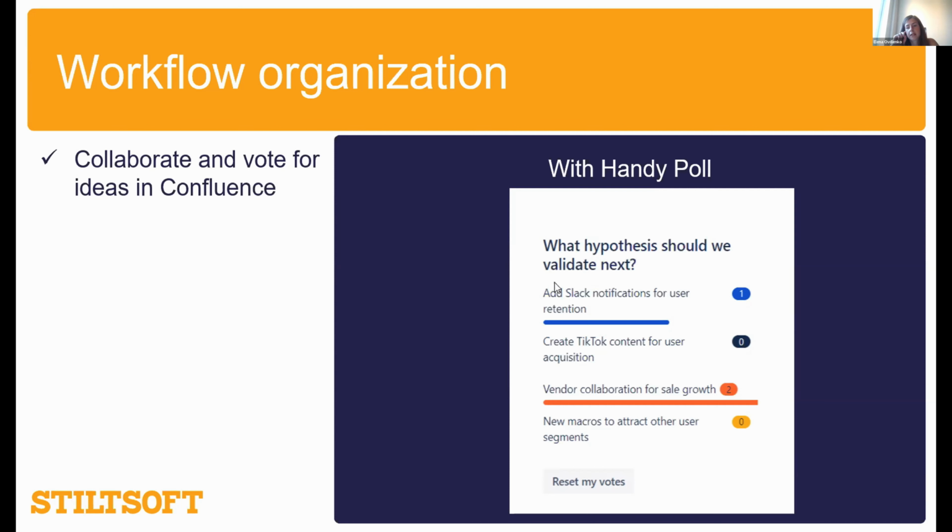It's created on Confluence pages. Here you see an example. So you can create options, and all your teammates will vote on ideas for quick feedback, quick decisions right in Confluence.